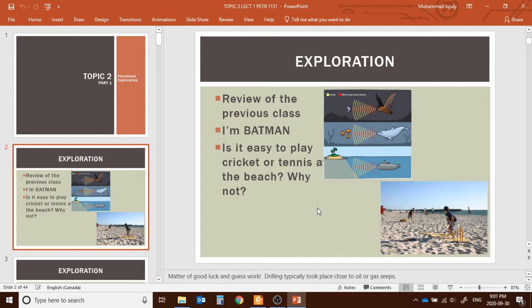So the first thing we do is exploration. After that we analyze the data of the exploration. After analyzing the data, we'll probably do more exploration activities. And then we come to a decision, and that decision would be based on these exploration data.